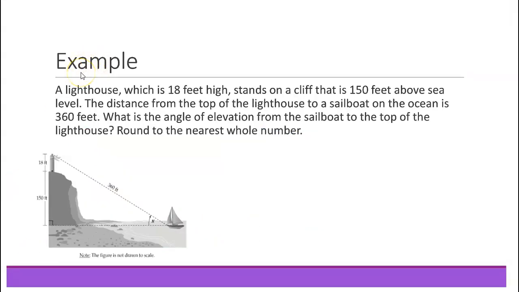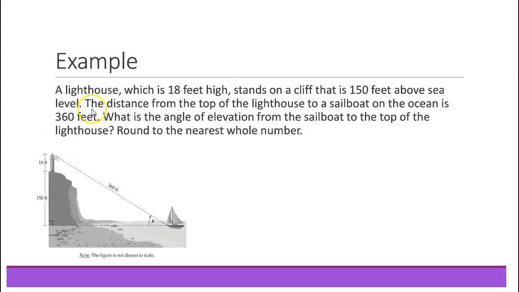Moving on to our next example. A lighthouse, which is 18 feet high, stands on a cliff that is 150 feet above sea level. So here again, we have an easier setup because we have the corresponding diagram. We have a cliff 150 feet tall, and the lighthouse, which is 18 feet high, is on top of that cliff.